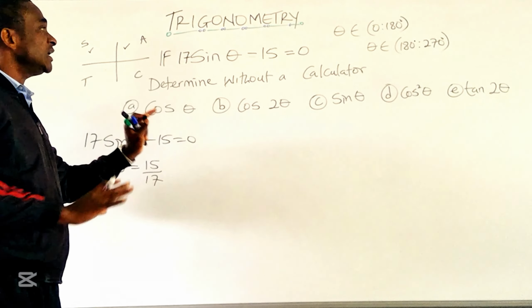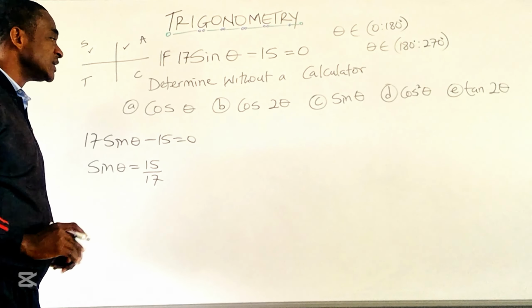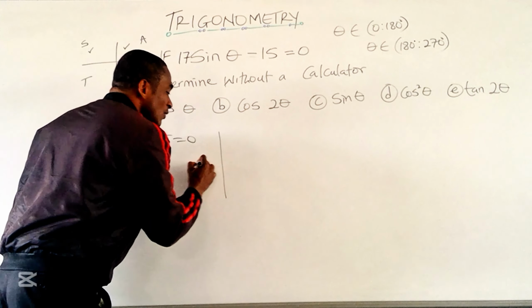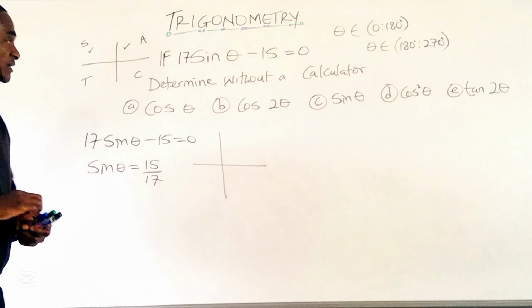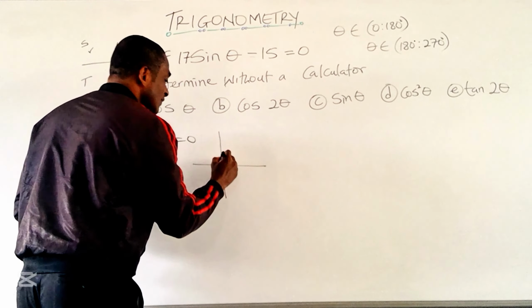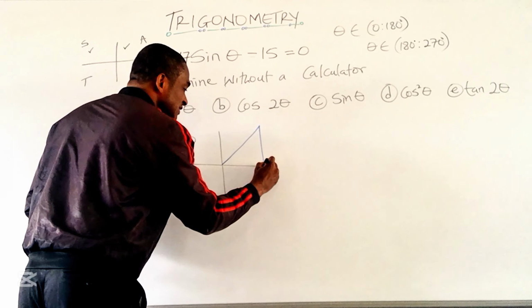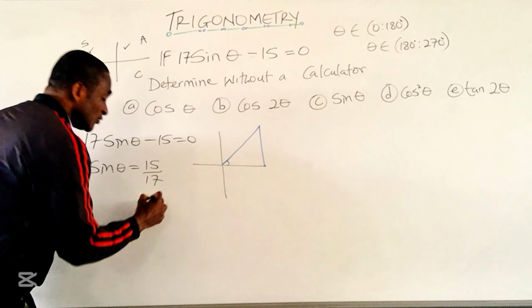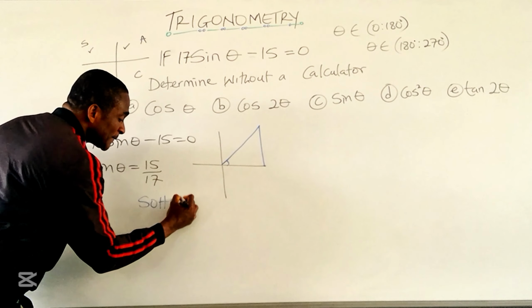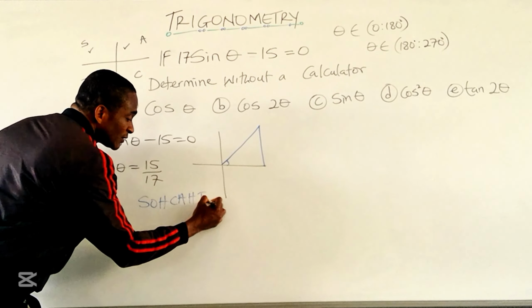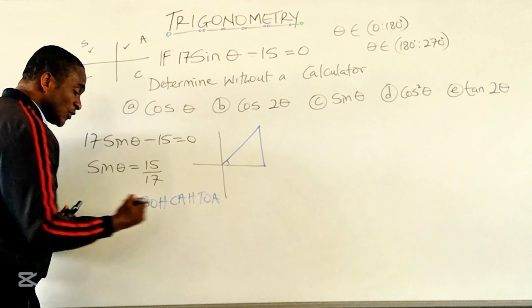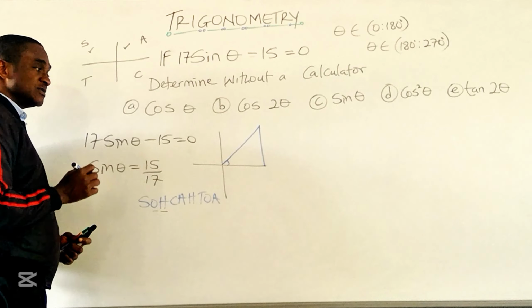So for this, it is open, so we will have our sketch in the first quadrant. What do we have for our sketch? Let's look at this. Remember from SOH CAH TOA that sine represents opposite over hypotenuse.